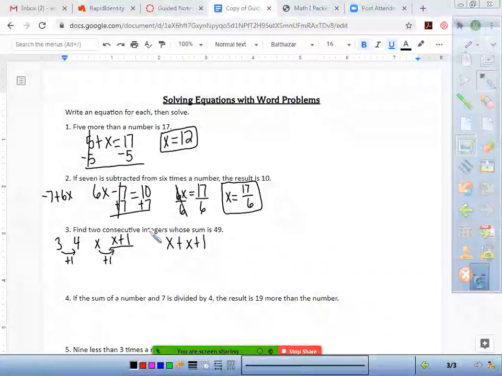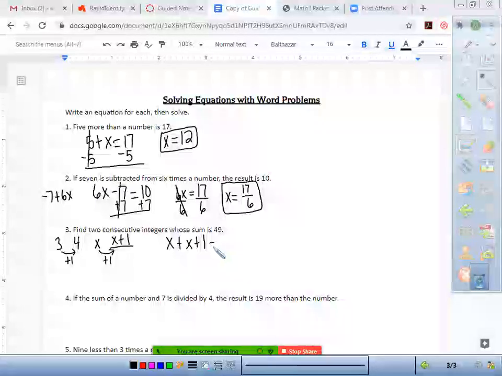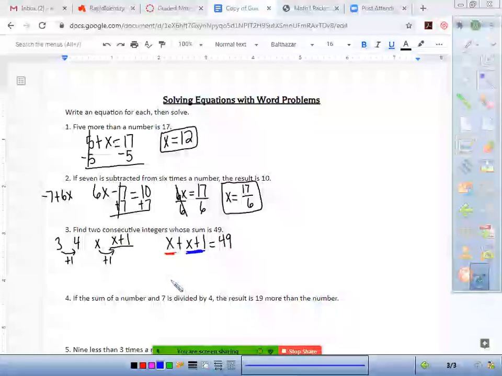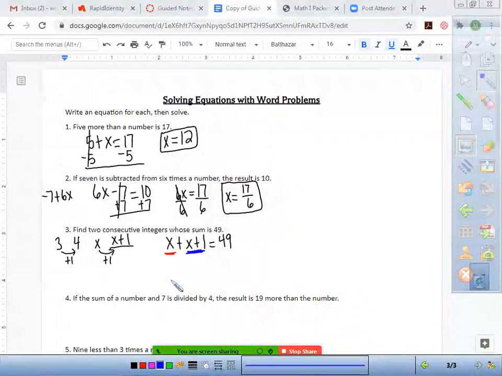And it says find 2 consecutive integers whose sum, that's how I know I'm adding them together, is 49. So x represents one of the numbers, and x plus 1 represents the other number.